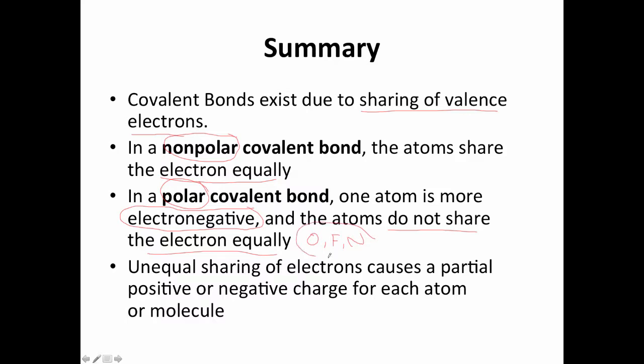As soon as you see those, you should automatically think that it might be forming a polar covalent bond. Because of this unequal sharing of electrons, you're going to have what's called a permanent dipole. And that means you're going to have partial charges on either side of the molecule.